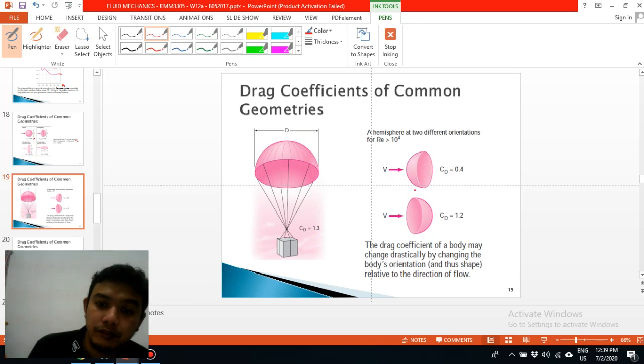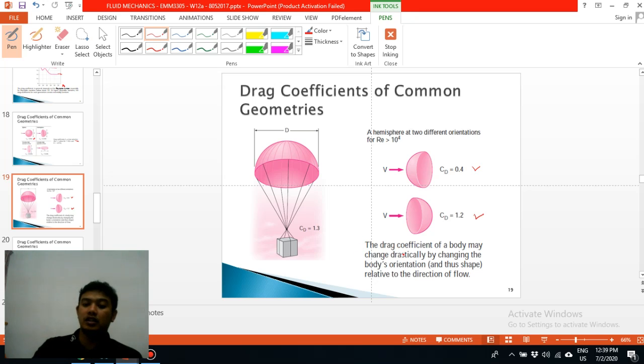If you can see here, the first shape has a CD of 0.4. Meanwhile, the second shape has a higher CD of 1.2. So in order to have a high drag coefficient, we can drastically change the body orientation to produce higher drag and reduce the speed of the box, for example.